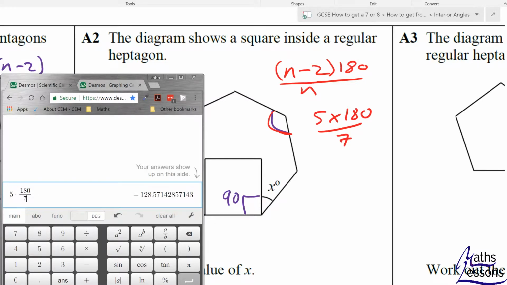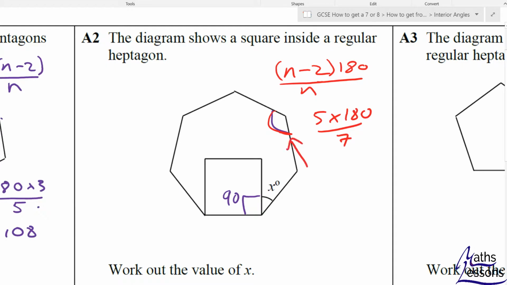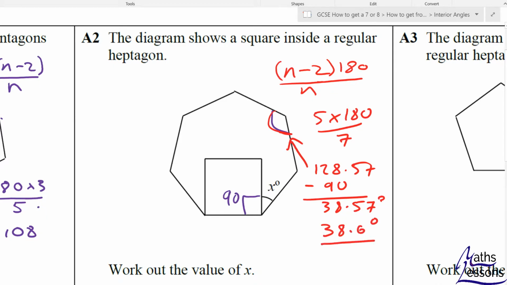We get 128.57 for this angle, and we've got to take away 90. That leaves us with 38.57, so probably round that to 38 degrees.